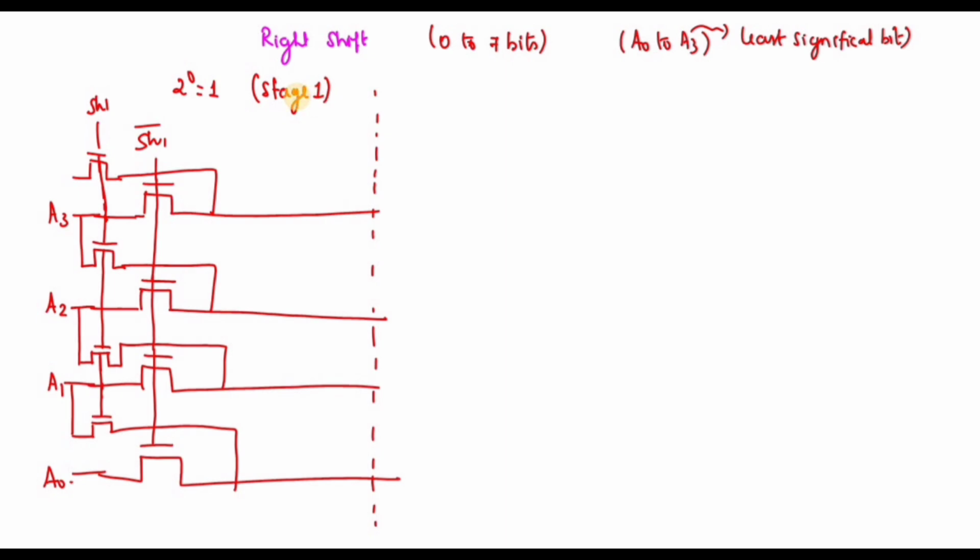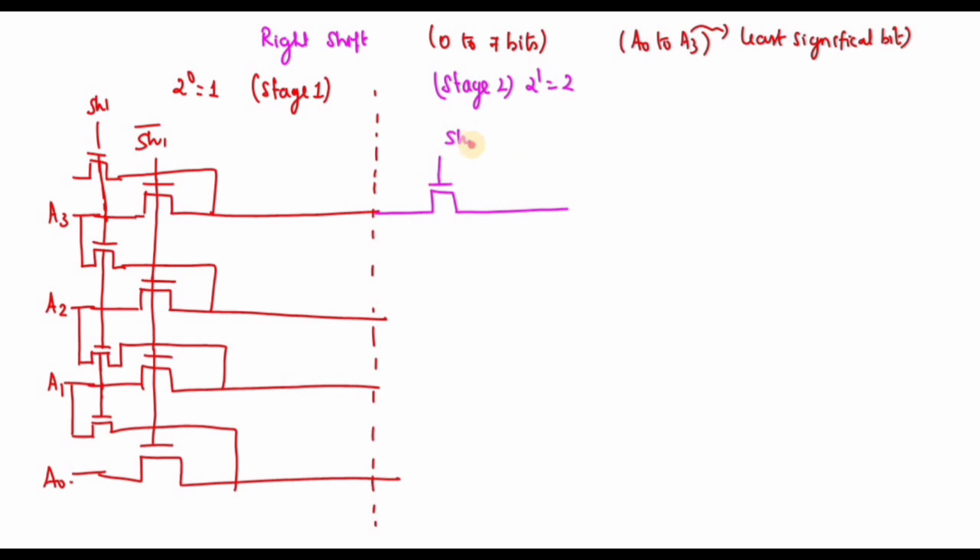Okay, so next let us discuss stage 2. So this is my stage 2. This is nothing but 2 power 1, that is 2. Here also I have two values.